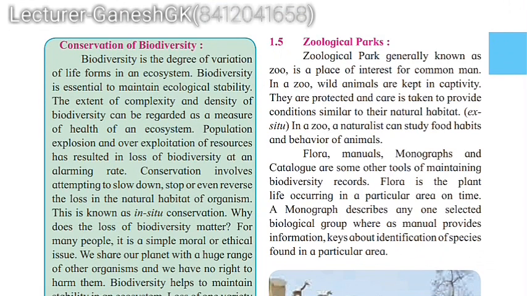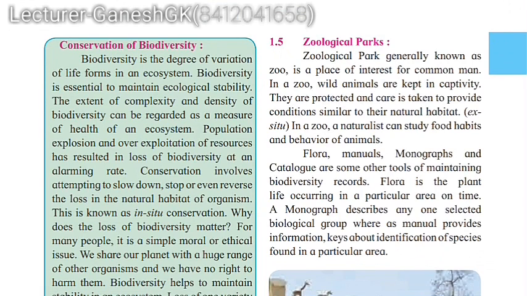Mostly the animals and birds live in dense forest, but now many people have cut down the forest, so there is no huge forest left, except the zoological parks and some exceptions in the areas of India.